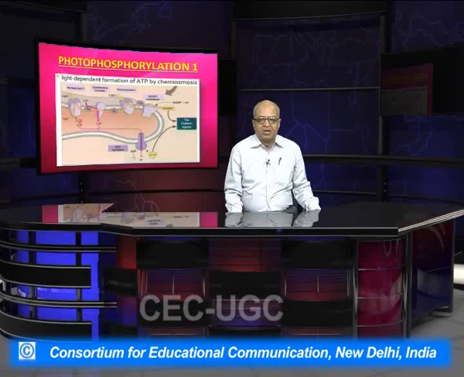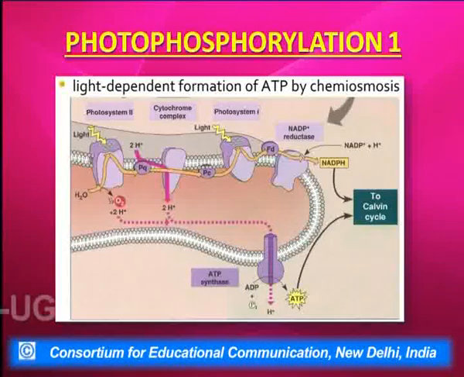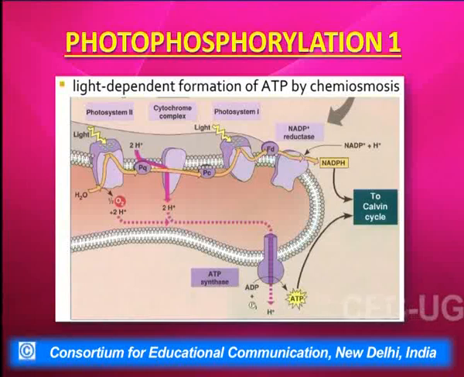Let us have the genesis of the word chemiosmosis: a chemical reaction which is going to be powered by osmotic principles or osmotic forces, which means it is the concentration gradient of protons which is going to generate it.